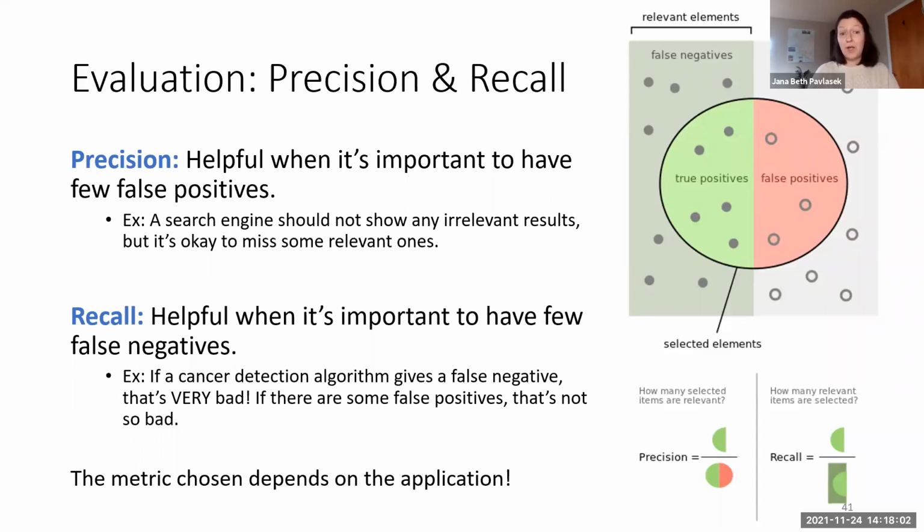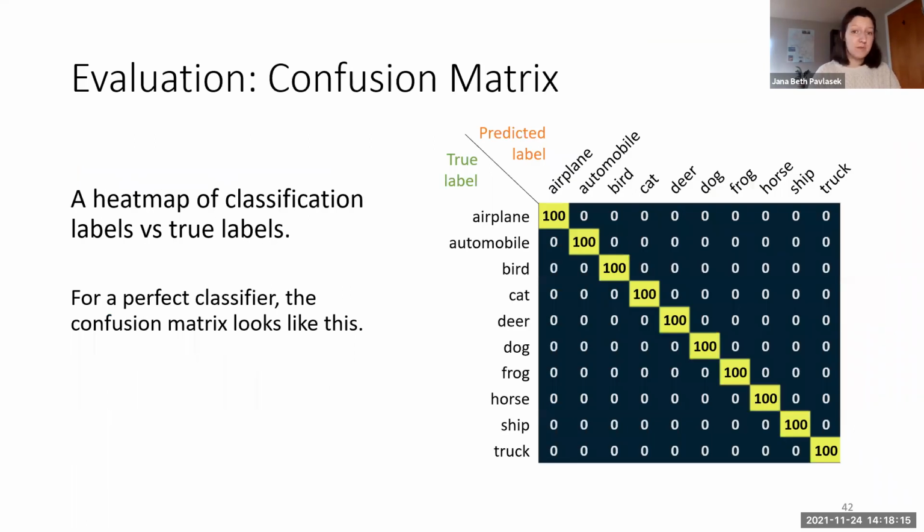Okay, so when we have lots of different classes, one helpful way to evaluate how well we're doing at classification is what we call a confusion matrix. This is actually what a perfect classifier's confusion matrix would look like. I'm drawing these confusion matrices for a different type of classification problem.